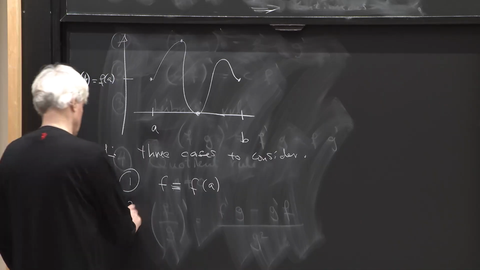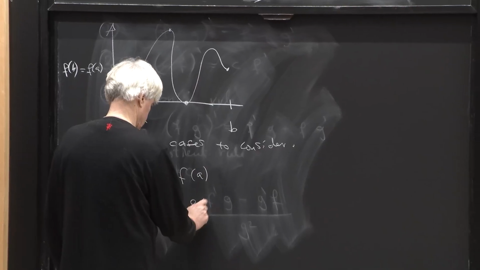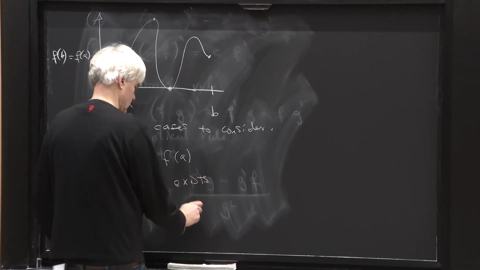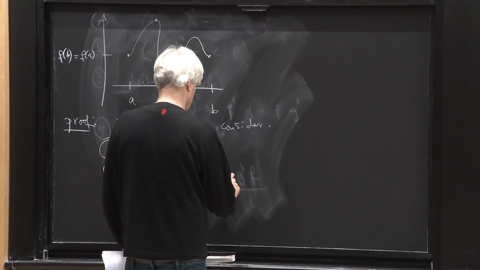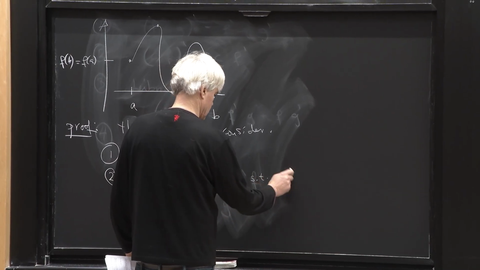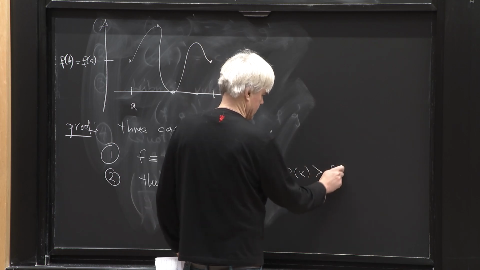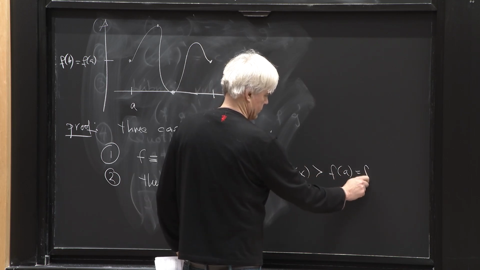Case 2, somewhere there exists x such that the value at this x is strictly bigger than the value at the endpoints.